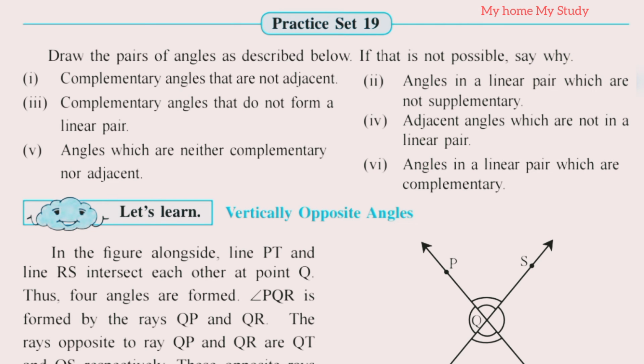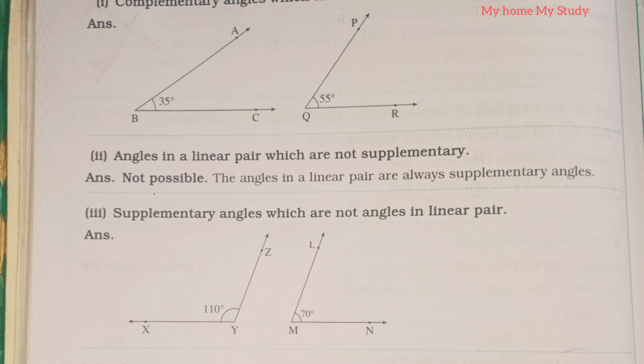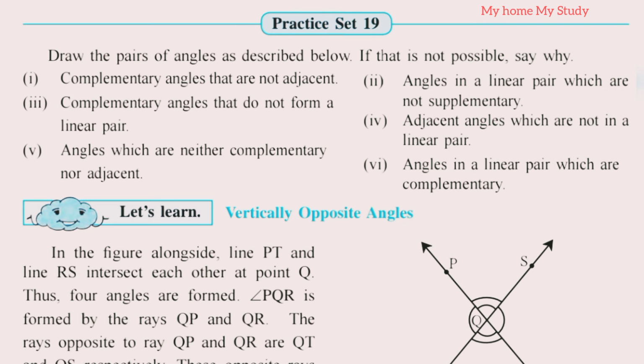Third one, complementary angles that do not form a linear pair. Fourth one, adjacent angles which are not in a linear pair.